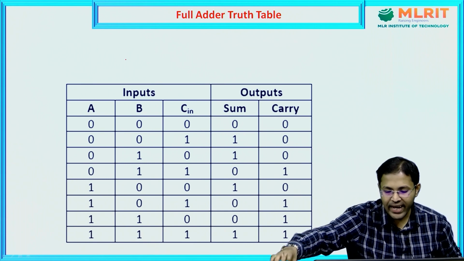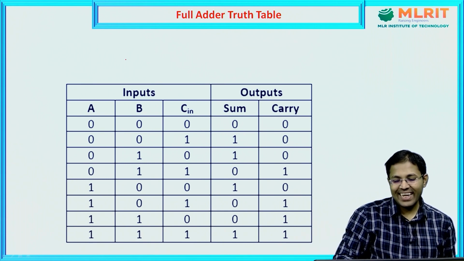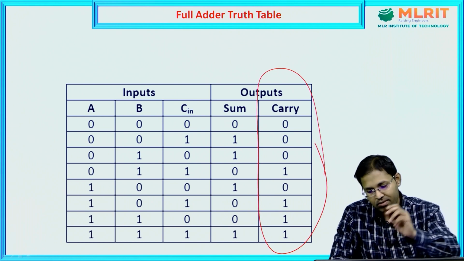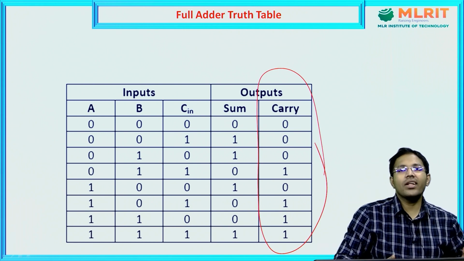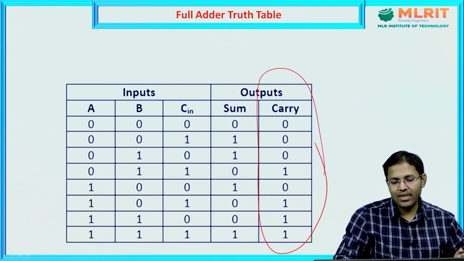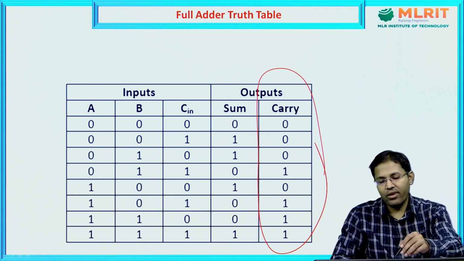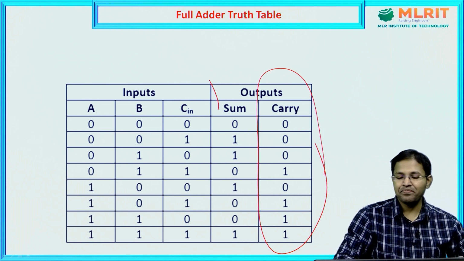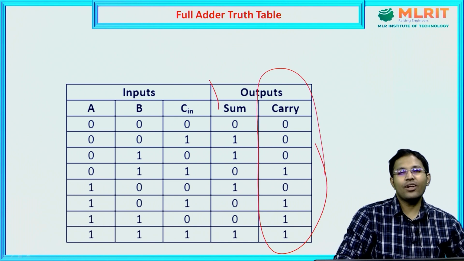What about carry? Now, if we see carry, just by looking at this table, we are not able to identify which is the single gate. For example, a 3 input XOR gate will perform sum according to the previous discussion, but carry we cannot look at this and identify.